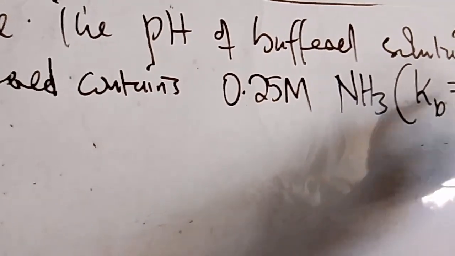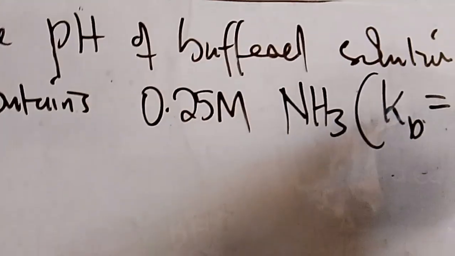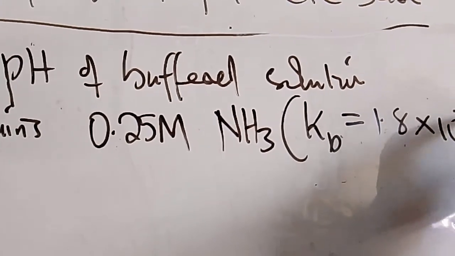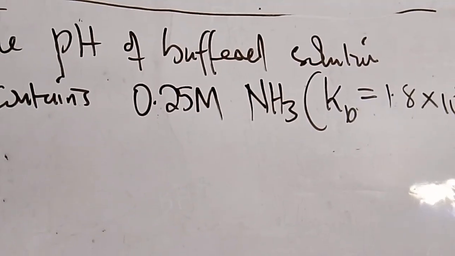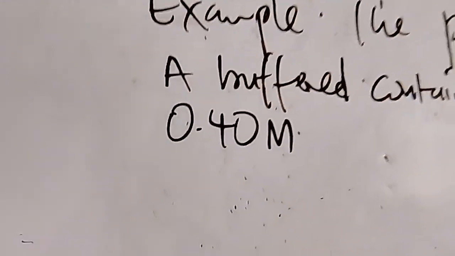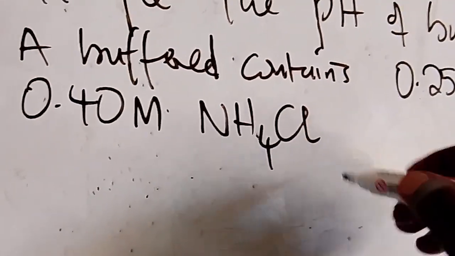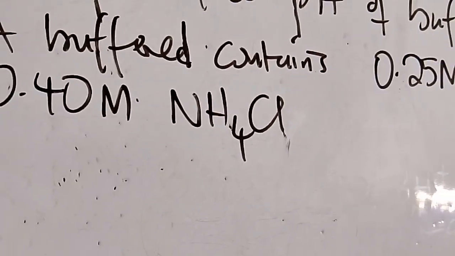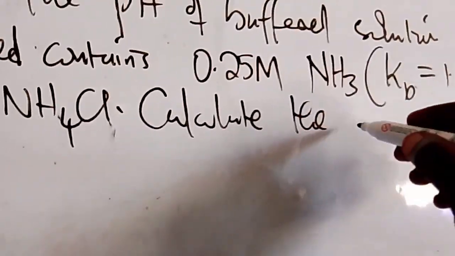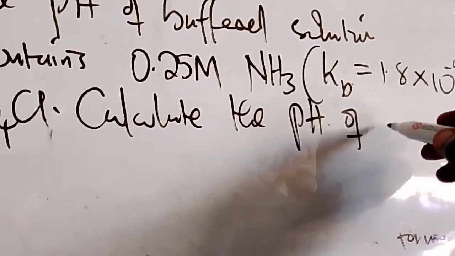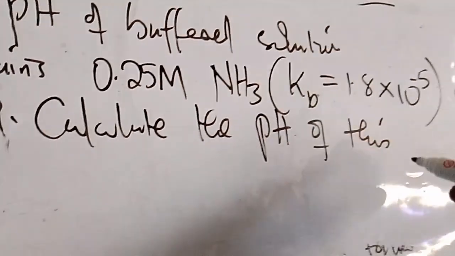Kb for ammonia is equal to 1.8 times 10 to the power negative 5, and 0.40 molar ammonium chloride. Calculate the pH of this solution.